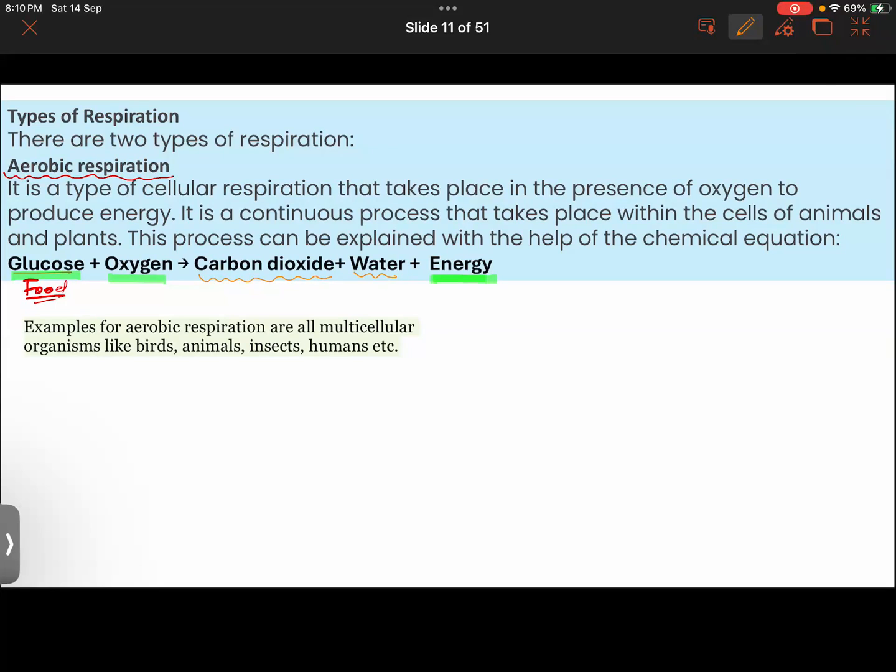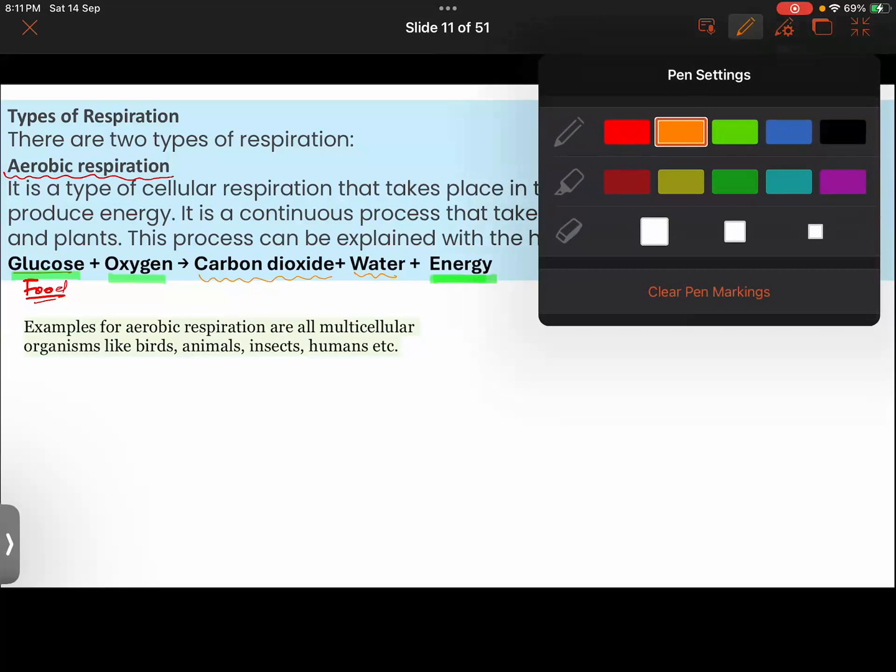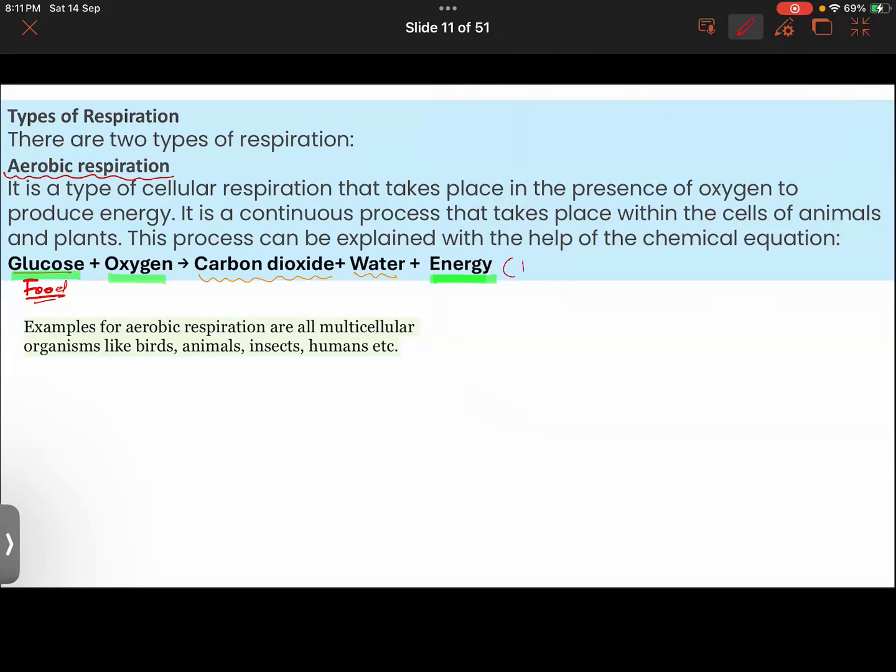Also, one important thing is that the amount of energy released is high. A high amount of energy is released in aerobic respiration, and human beings and many other animals undergo aerobic respiration. So that is in short about aerobic respiration. Getting it? Okay, so hope it should be clear.